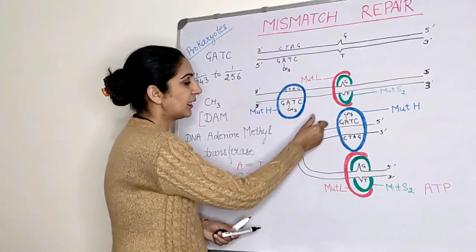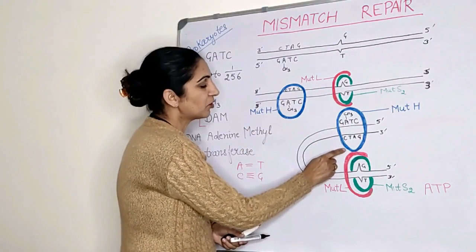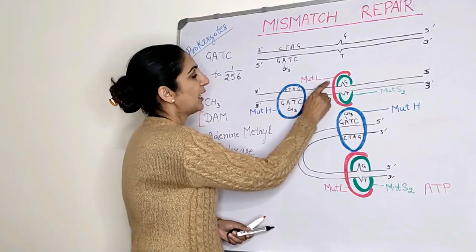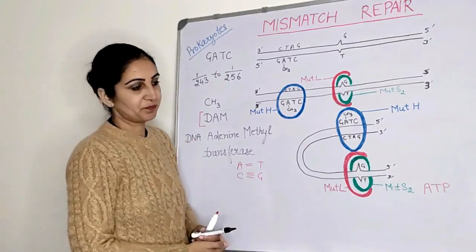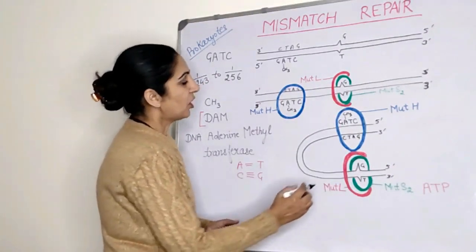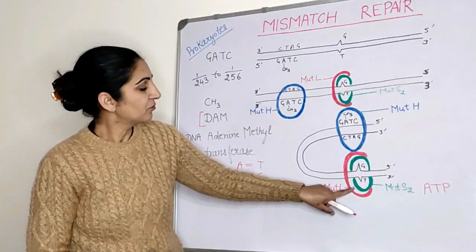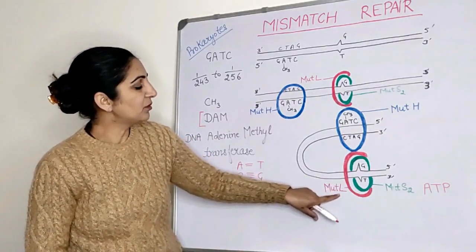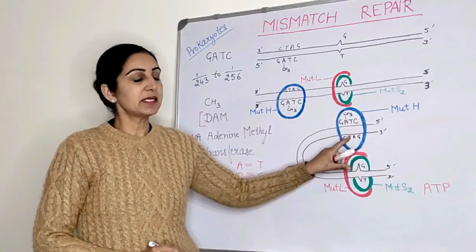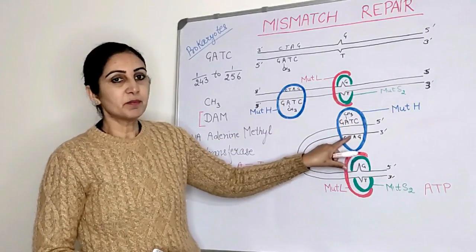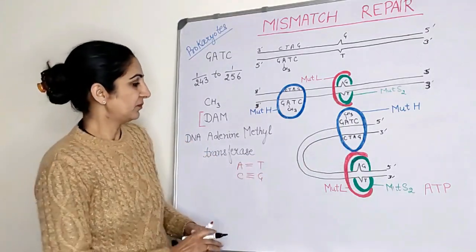Due to this bending, this MutH protein comes in contact with the MutL protein bound to this distorted portion. So ultimately, now we have a combination of the distorted segment with MutS2, with MutL, with MutH. So this is the structure formed before the mismatch repair takes place.